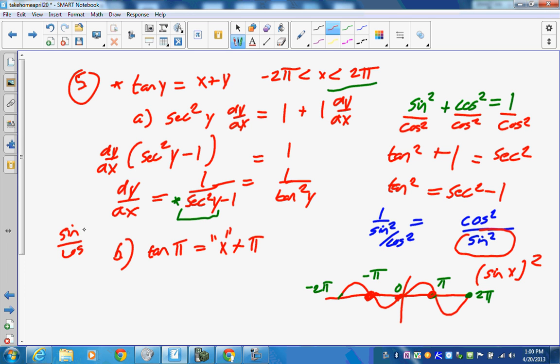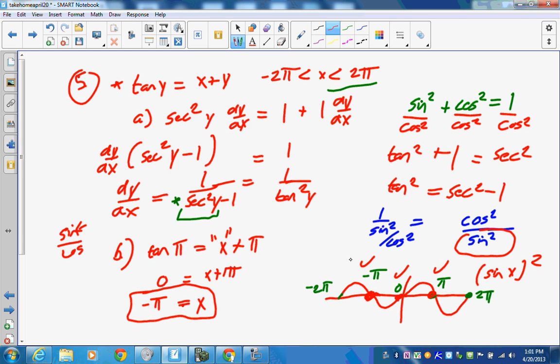Sine of pi equals 0. That's 0 equals x plus pi. So x would equal negative pi. It's a little bit tricky there. But once you do the first one, then you just have to find the value at 0 and at negative pi.